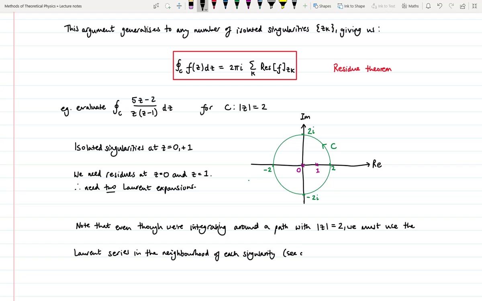And I'll make a note that that's related to our shrinking to circular contour trick earlier.